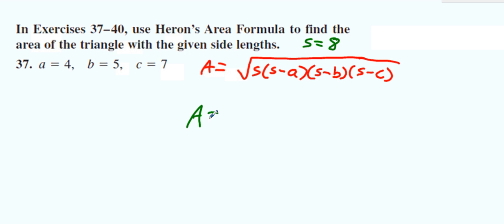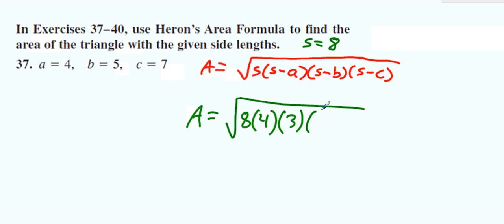So the area of this triangle will be the square root 8 times 8 minus 4, which is 4, times 8 minus 5, which is 3, times 8 minus 7, which is 1. So that's 8 times 4 times 3.